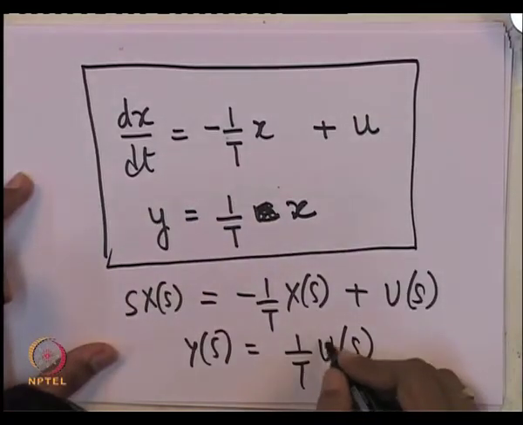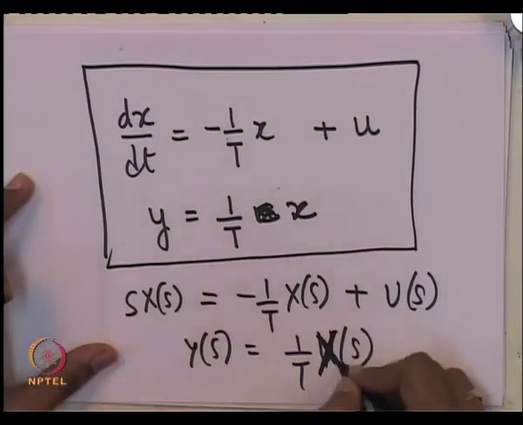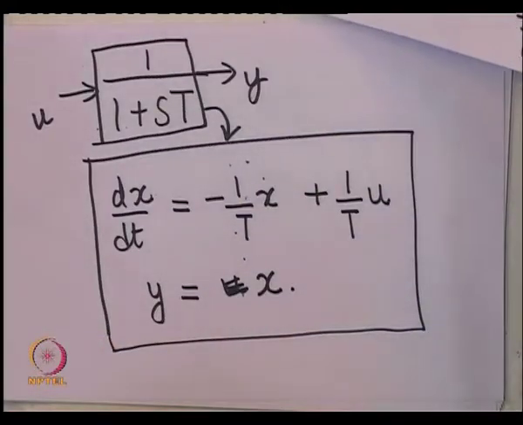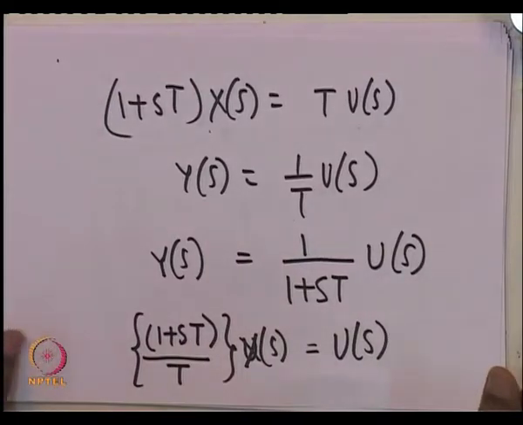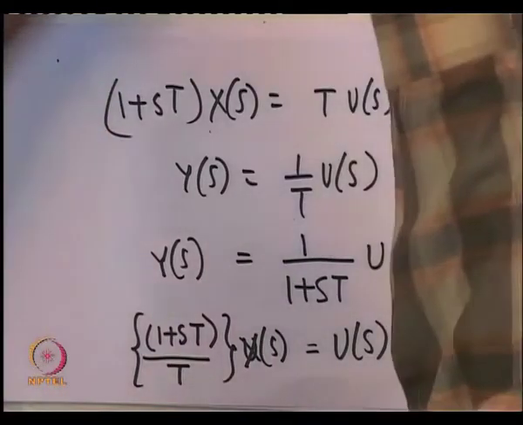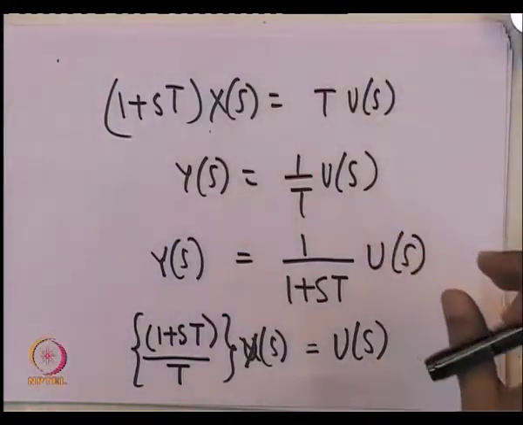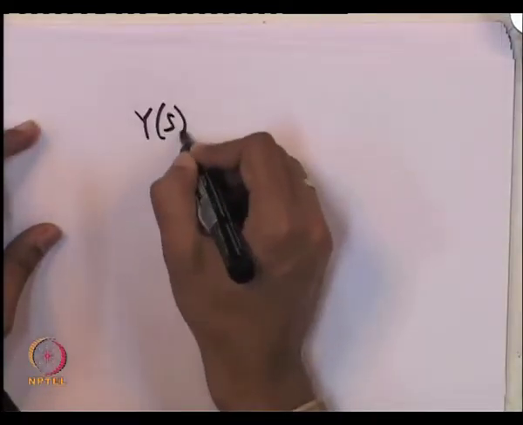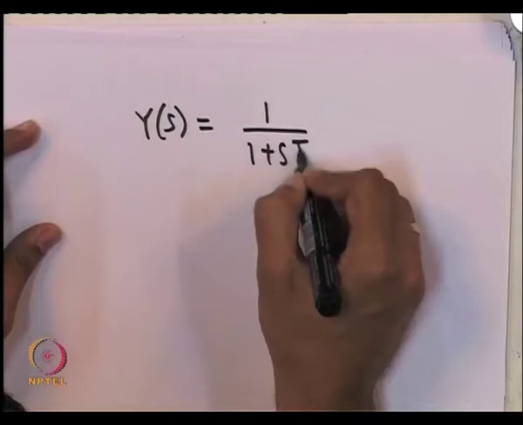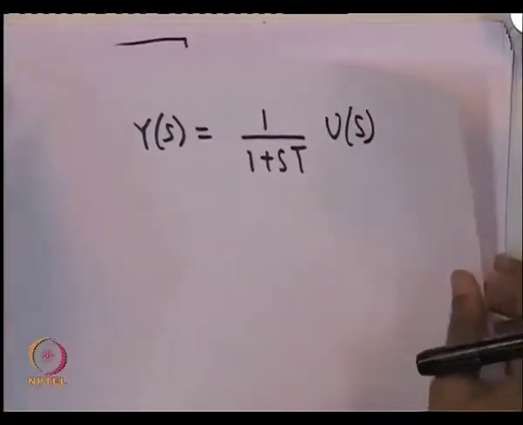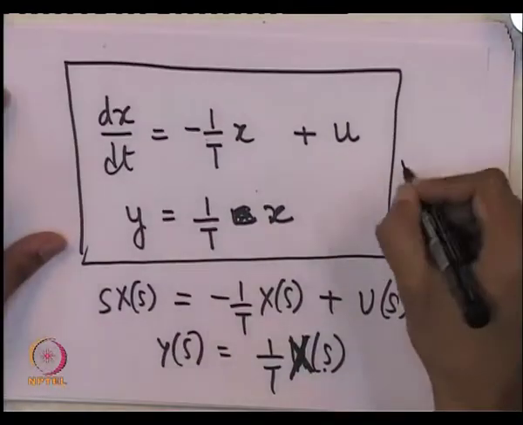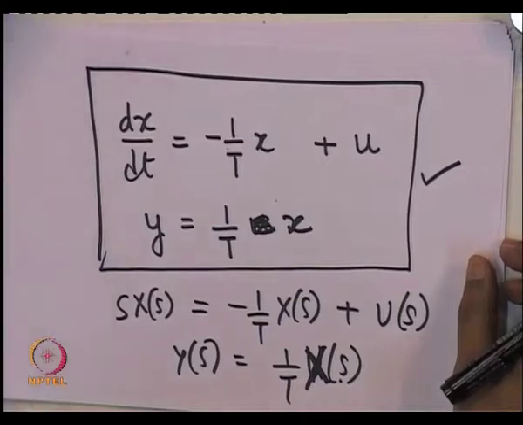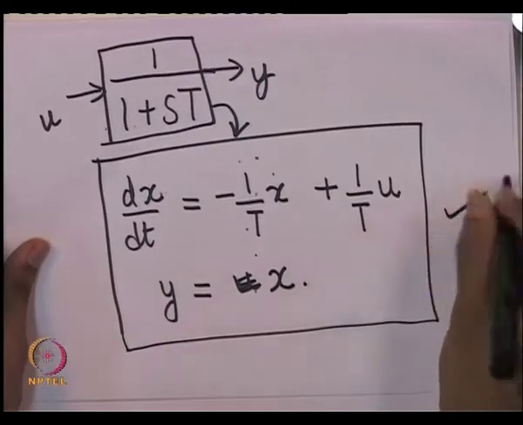So, this should be x of s, and as a result of this, we will get... so what I wish to say here is, this is one possible representation of the transfer function, but this is another representation of the transfer function.